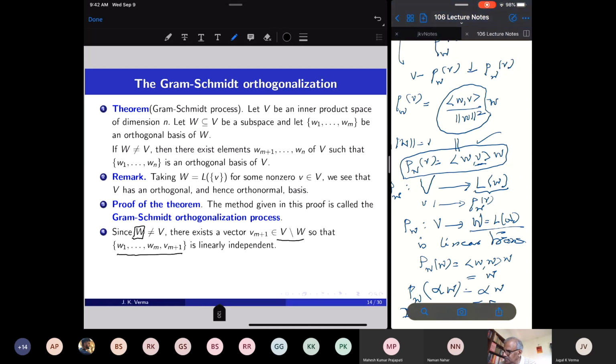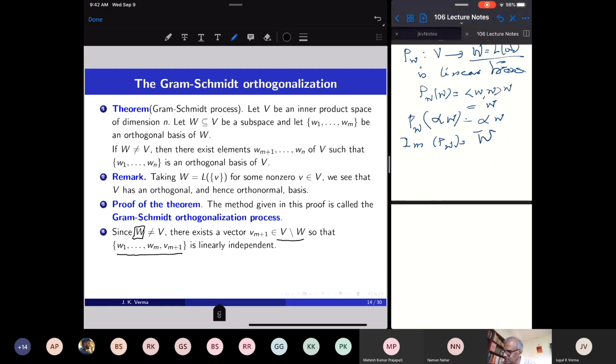The image of the projection operator is this one-dimensional space, and we know how we define the rank of a linear transformation. The rank of a linear transformation is the dimension of the image, and in this case the dimension of the image is 1, because the image is a one-dimensional subspace which is the linear span of a single vector. So the rank of the projection operator is 1, and what is the null space?